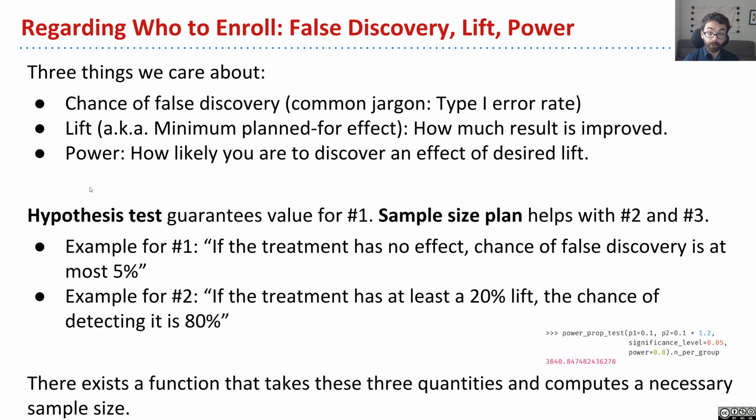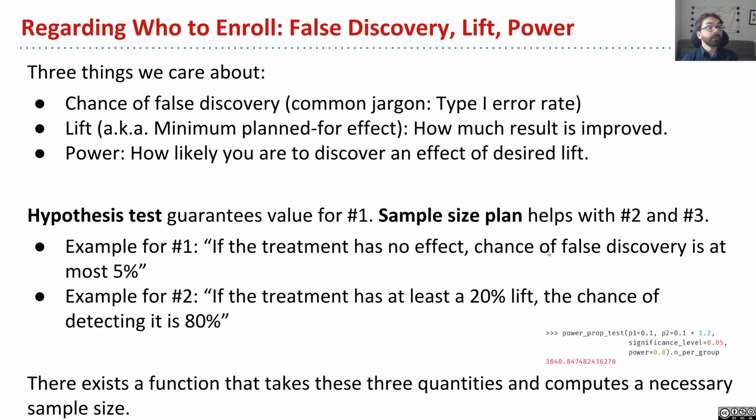And what was a little new in the middle of this lecture was the idea that if we wanted to make a statement like, if the treatment has at least 20% lift, the chance of detecting it is 80%. The way he addresses that is something he calls a sample size plan, which is just a fancy way of saying how many users or individuals or entities we need to include in our experiment.